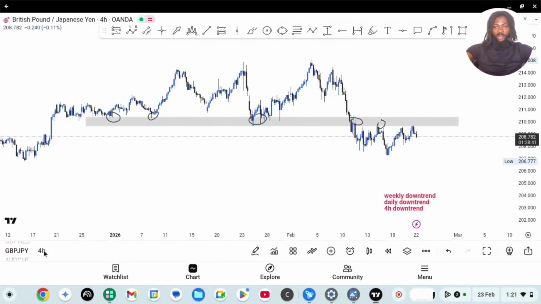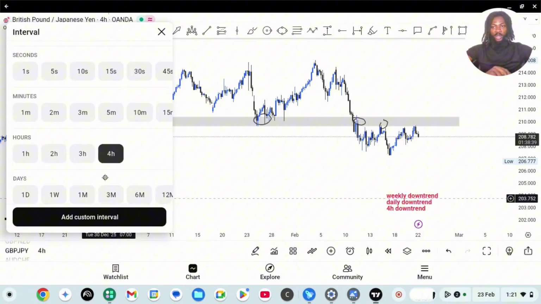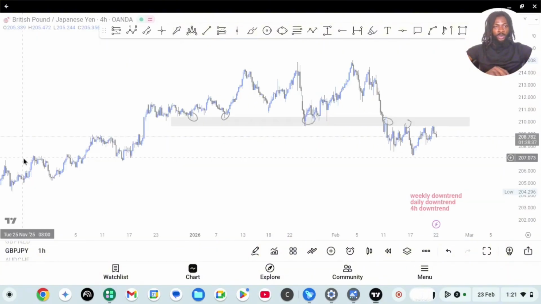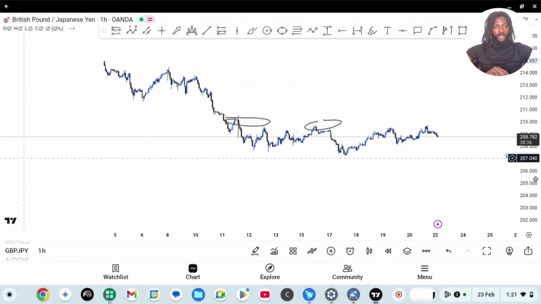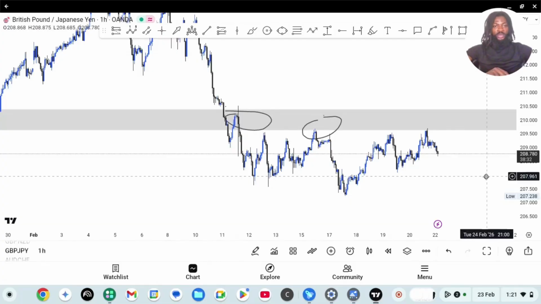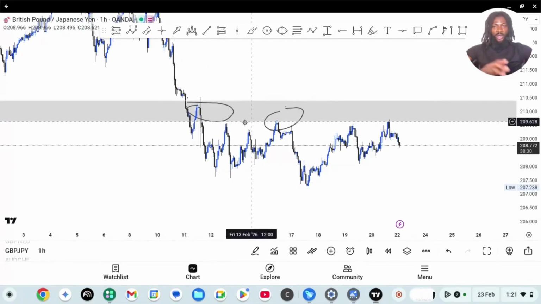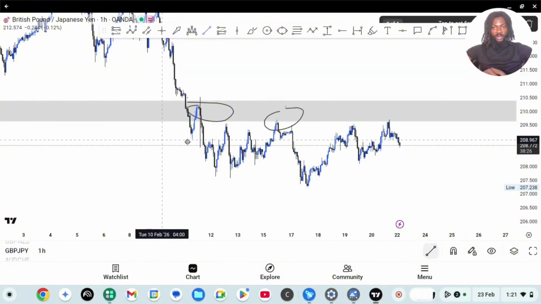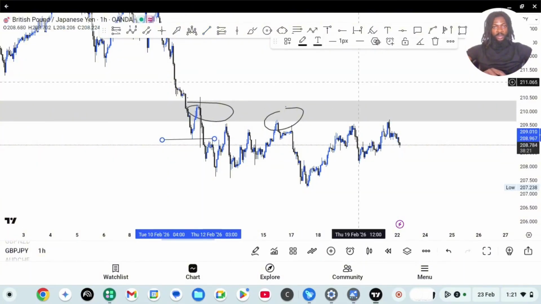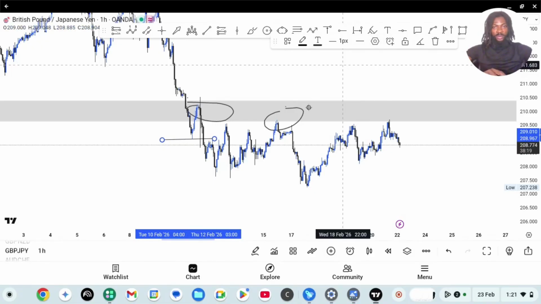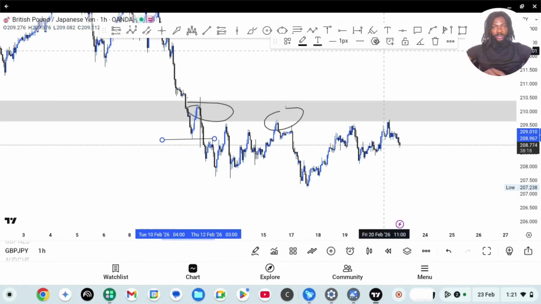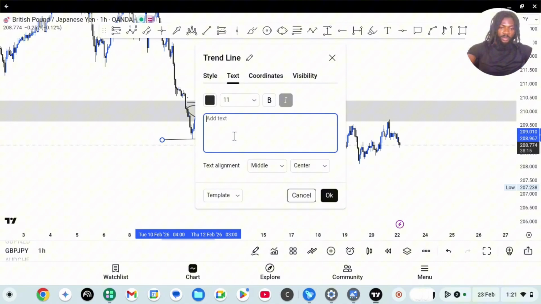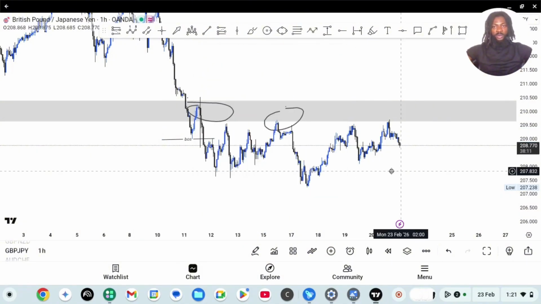Okay, let me go to 4 hour. Let me go to 1 hour now. Let's look. Now, as you can see, in the 1 hour, we can see our structure as well. You see, we have our break of structure here. We have our break of structure there. We have our BOS, break of structure.